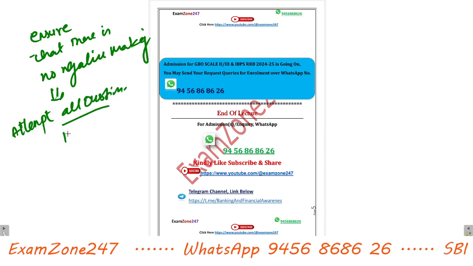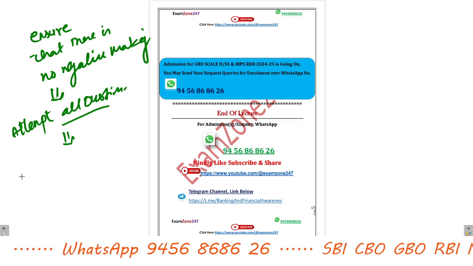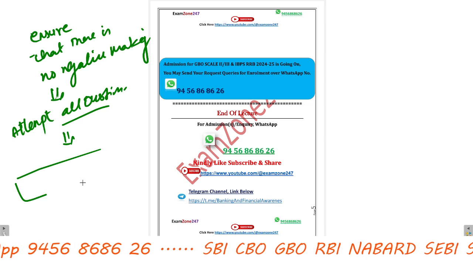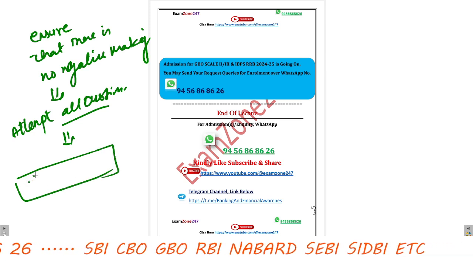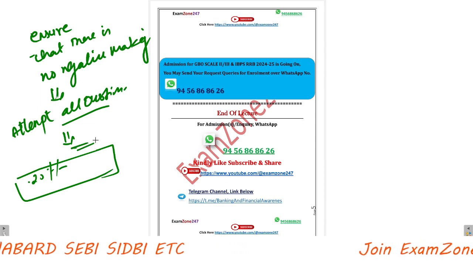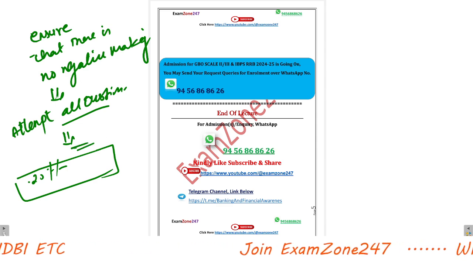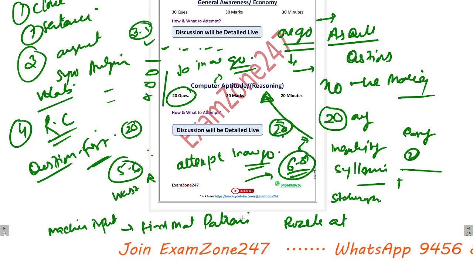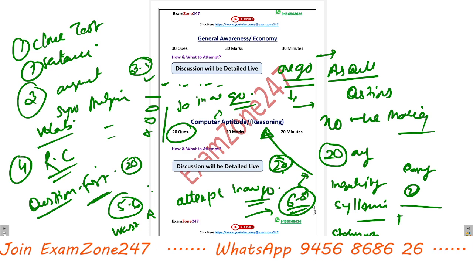But if at last SBI changes this and you get a notice that marks will be deducted for wrong answers, then do not attempt the wrong answers. Our job is to go through this further.